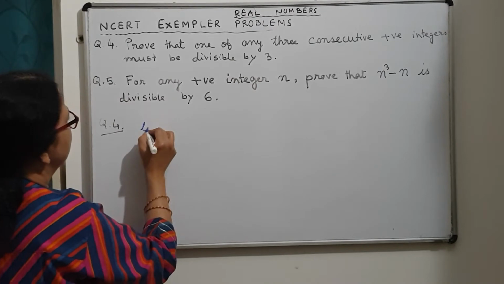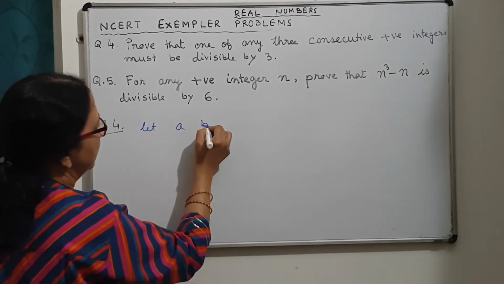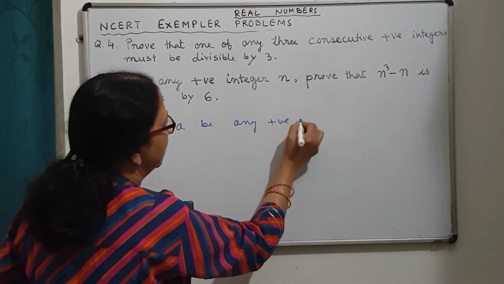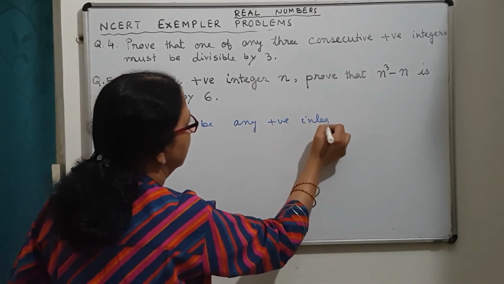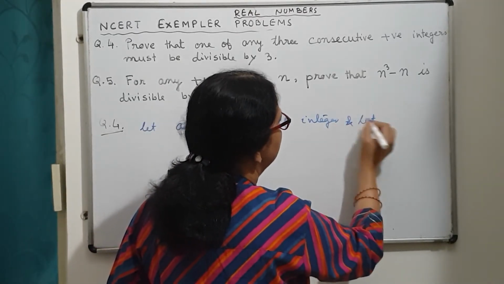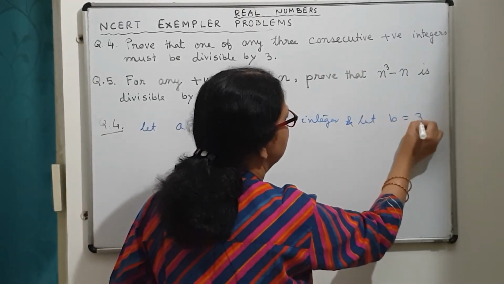So let a be any positive integer, and let b be equal to 3.